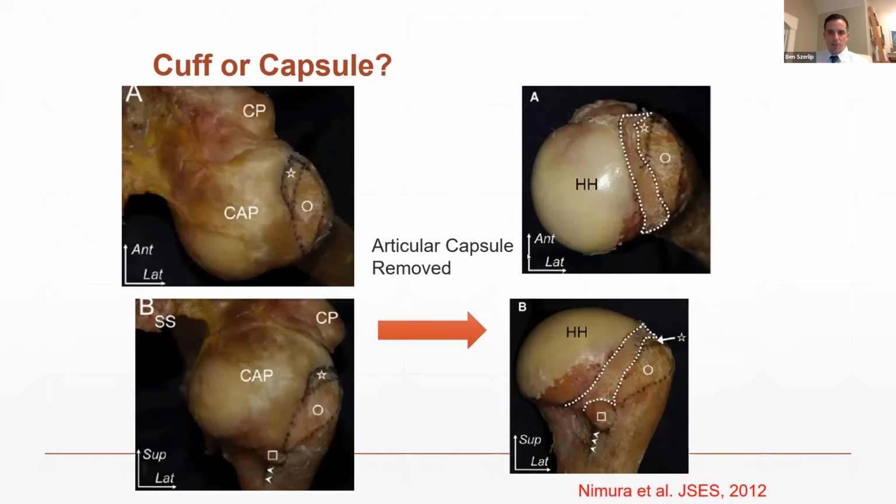When the articular capsule is removed, there's quite a significant portion for the capsule right there, and then the rotator cuff is located here. So if you see the articular sided tearing, that could be fraying of the capsule, which is not necessarily as detrimental or problematic for the patient as an actual rotator cuff tear at the footprint or at the bursal side.